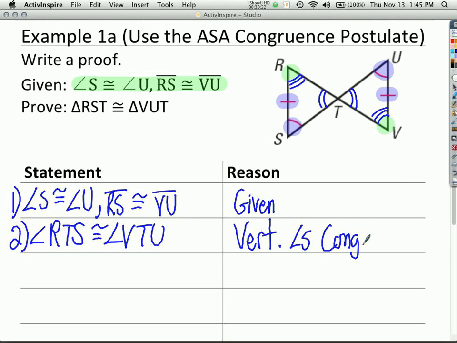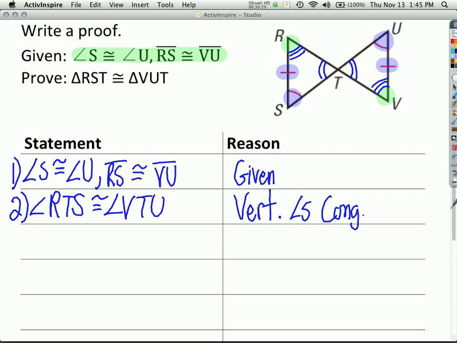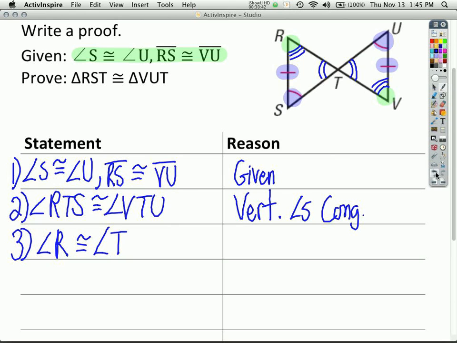Now that is not a concrete, direct piece of evidence, but that leads us to the next piece, which is the third angles theorem. In statement number 3, we can now say that angle R is congruent to angle T, I'm sorry, to angle V. I apologize.